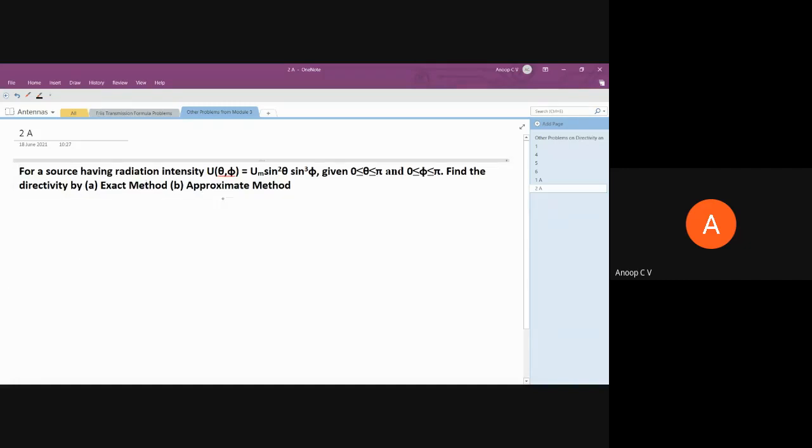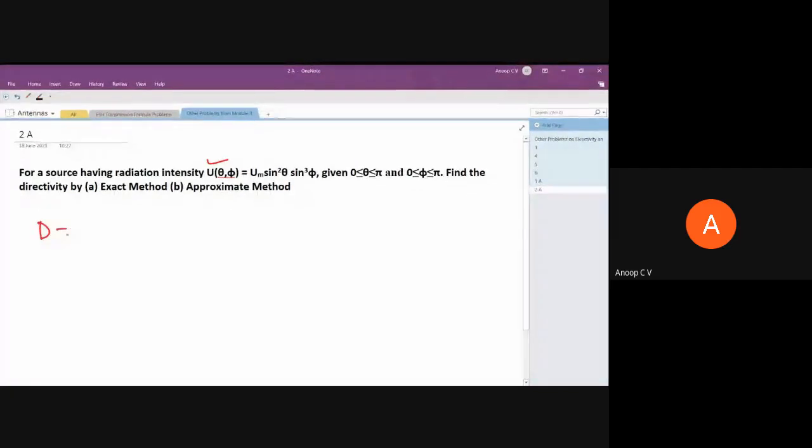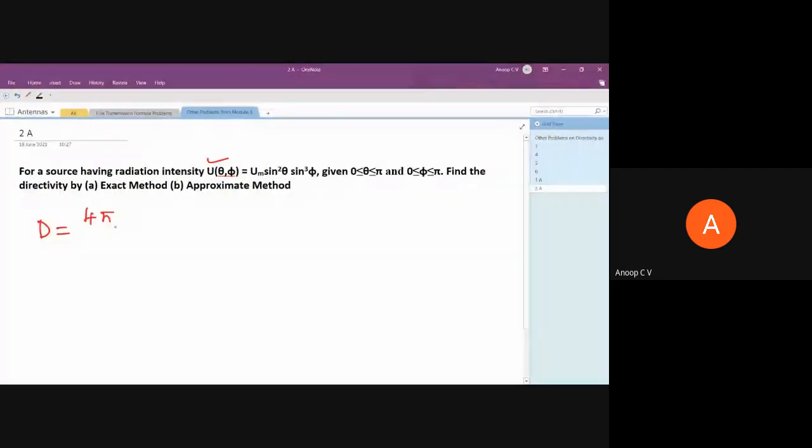So U is given. The steps to follow: directivity is 4 pi by omega A if it is the exact method.